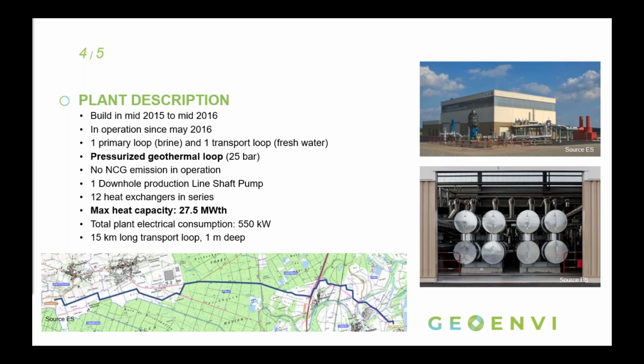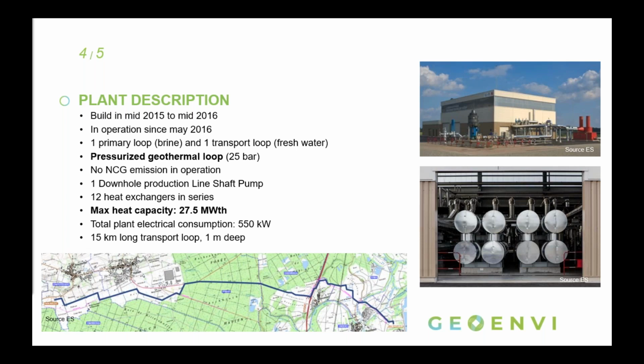So this geothermal plant is designed with a pressurized geothermal loop with a pressure higher than 25 bar, and this allows keeping all the gas dissolved in the brine, so there is no non-condensable gas emission during operation. This plant uses a downhole production line shaft pump and 12 heat exchangers in series.